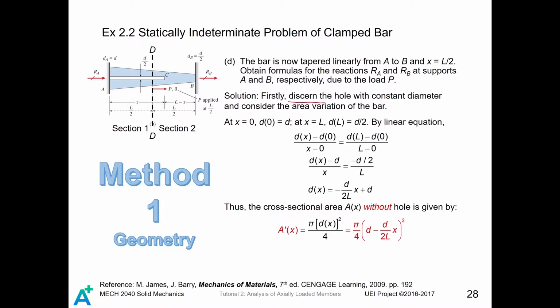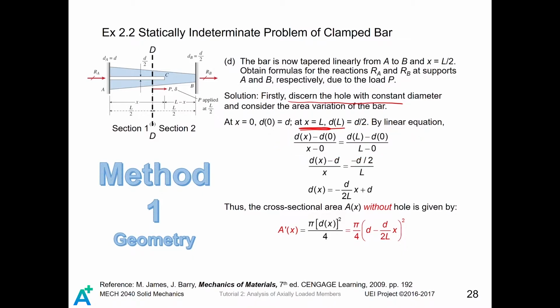Firstly, we ignore the hole, that is, at x equals 0, the diameter of the bar is d. Besides, at x equals L, that is, at the end B, its diameter will become d over 2. Since the bar is tapered, the diameter of the bar varies linearly from x equals 0 to x equals L. Therefore, we try to find the linear relationship of its diameter by using this method, which has already been taught in your secondary school.